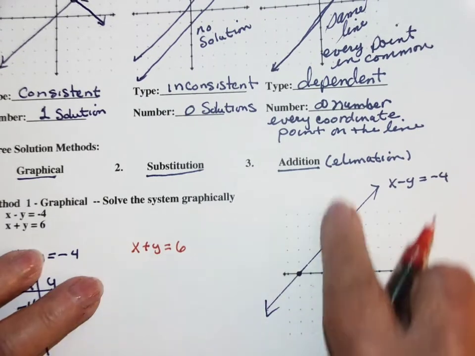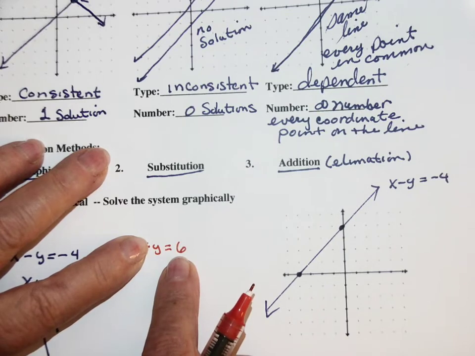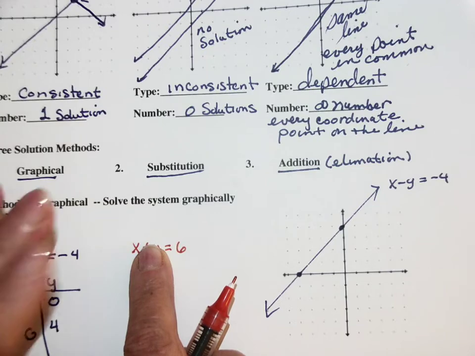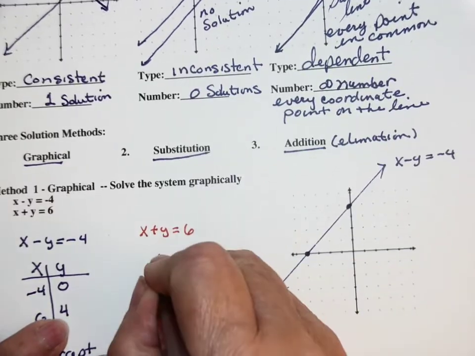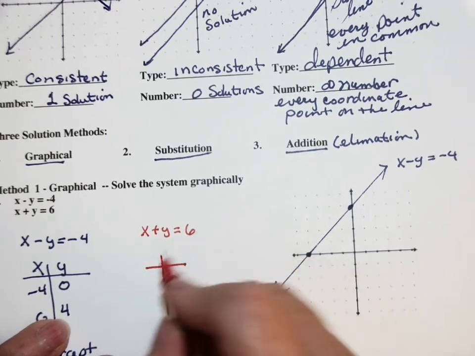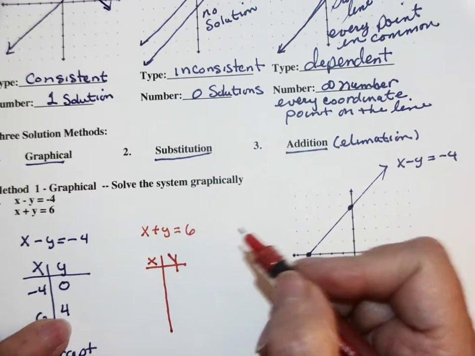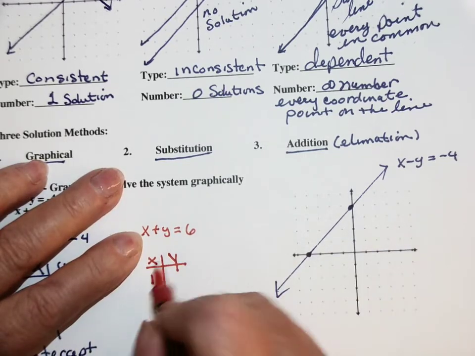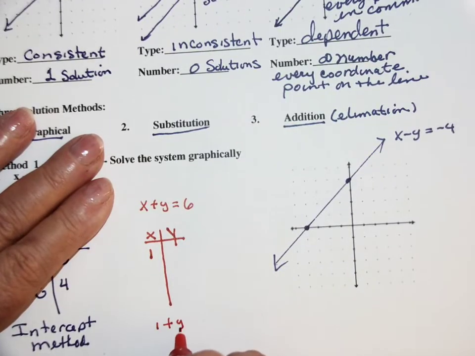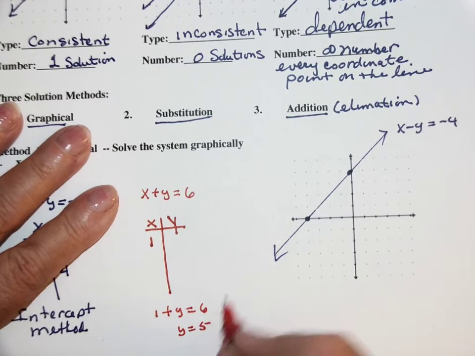Well, my graph paper only goes to 5. So using the intercept method of graphing, that gives me a y value of 6. So that's not a good way to do this particular graph. So I'm just going to put in x and get out y. And if x equals 1, I would have 1 plus y equals 6, or y equals 5, so 1, 5.